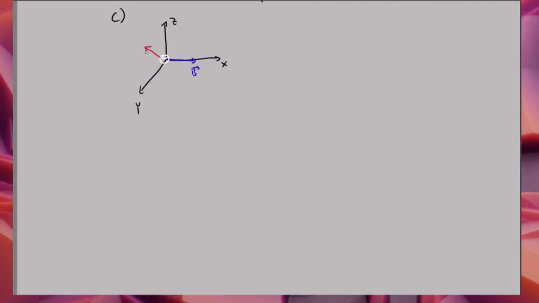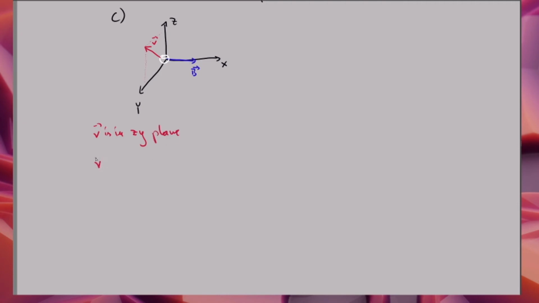But keep in mind that this belongs entirely to this plane here, the zy plane. So here's the velocity vector. I'm going to actually write this here. Velocity is in zy plane.